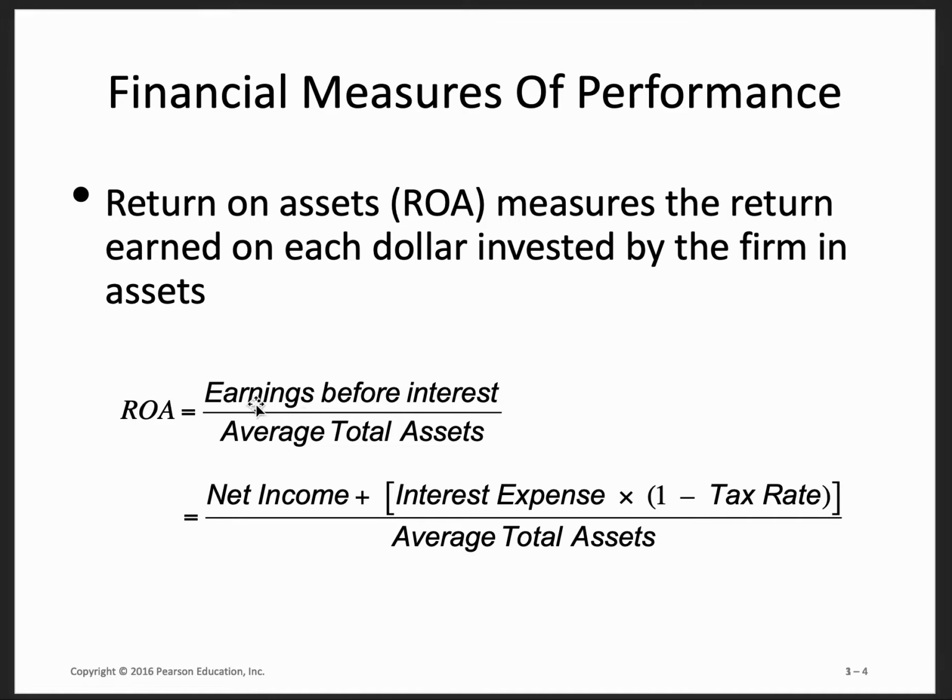Now, remember that when calculating earnings before interest, the interest expense has to be multiplied by whatever is remaining, so you don't include taxes in it, obviously. So it's net income plus interest expense times one minus the tax rate, divided by the average total assets, right? So that's one way. There's another way of calculating ROA, which we'll see in a second, but for this one the formula is in the textbook, you can take a look at that. But this is one way of doing it, right?